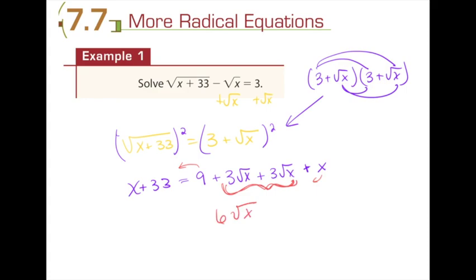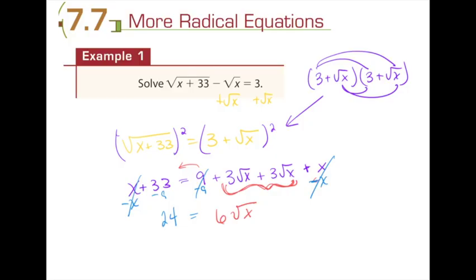For the other pieces, I'm going to subtract the 9 over, and I'm going to subtract the x over. Okay. They both cancel here. Over here, my x's actually cancel, which is nice, right? And then I have 33 minus 9, which gives me 24. And now I have an actually rather simple equation to solve.